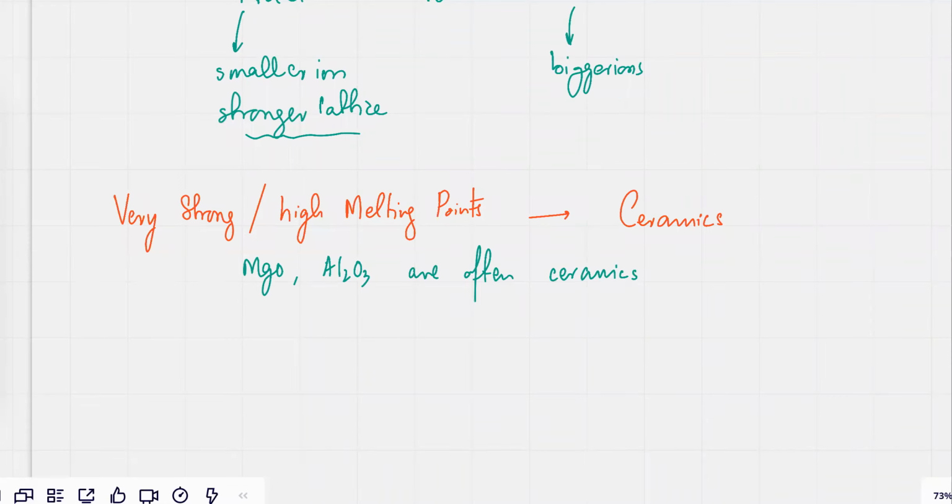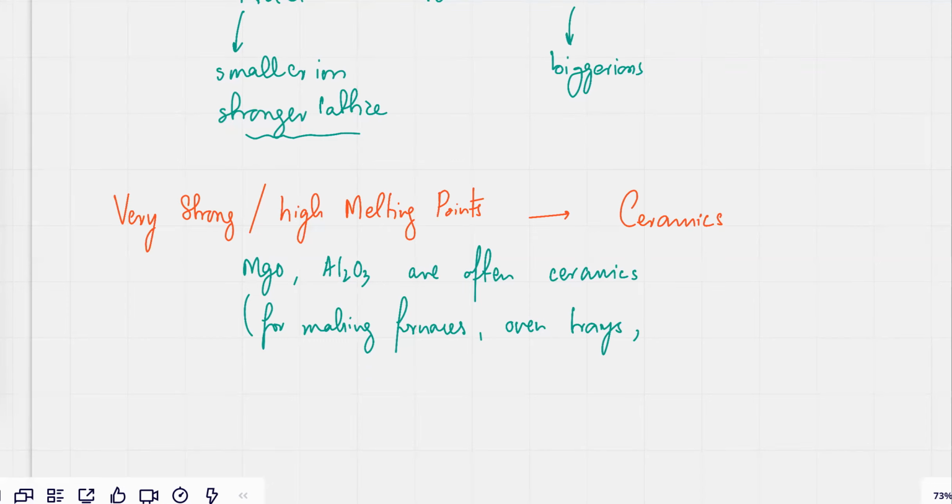So where do you use ceramics? Ceramics are used for making furnaces. In extreme conditions, you need really, really tough substances for making furnaces. Your oven trays are made from ceramics. The dishes which you need to heat in the microwave are made from ceramics.